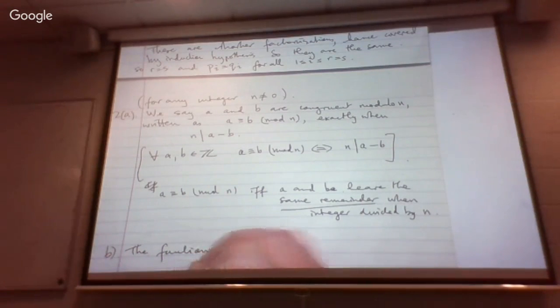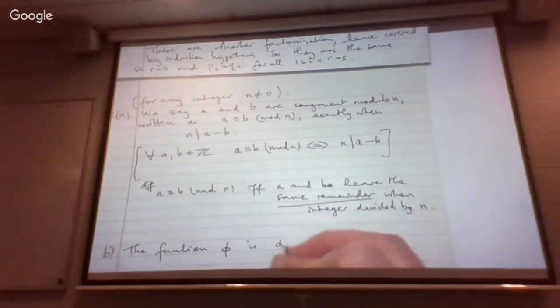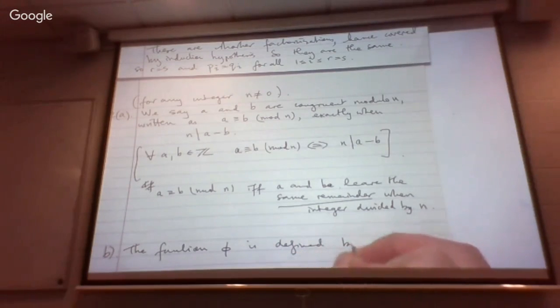So we can say the function phi is defined by phi of n equals the count of the integers i satisfying, so we're talking about the ones between 1 and n, and GCD of i and n is equal to 1.